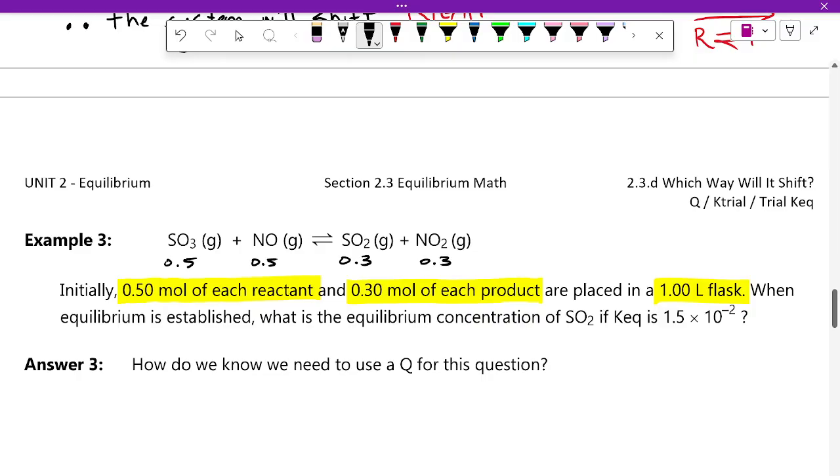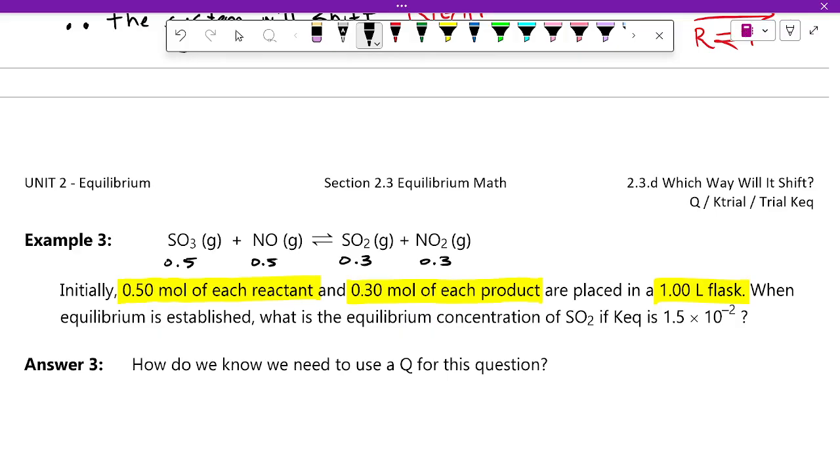Normally, we'd be like, okay, let's just do a rice table. Yes? But which direction is this equilibrium going to shift? Where am I going to put my plus signs in my rice table? I don't know either. Yes?